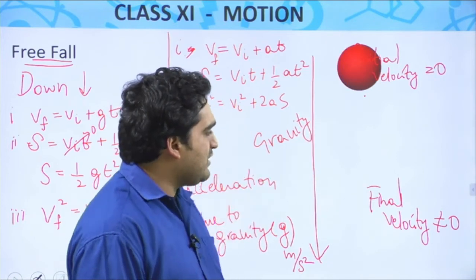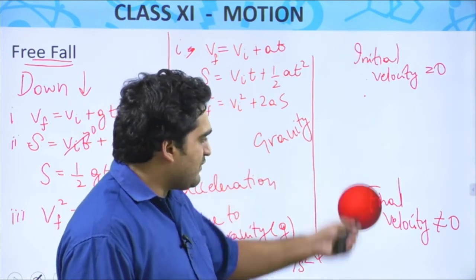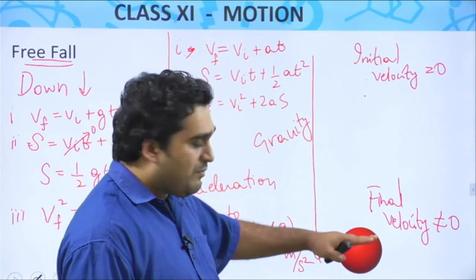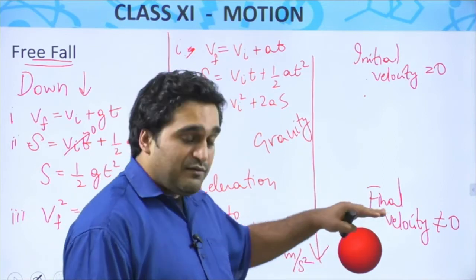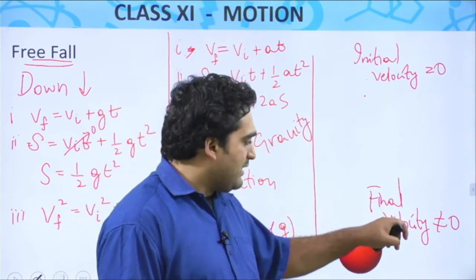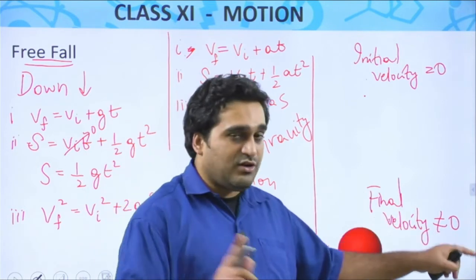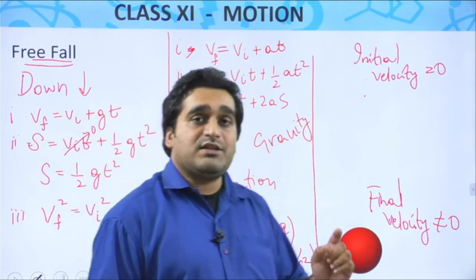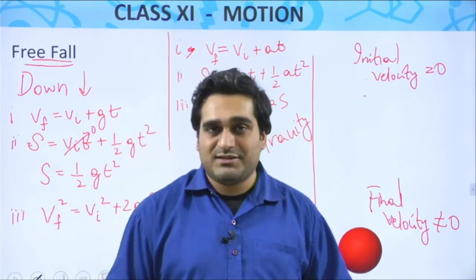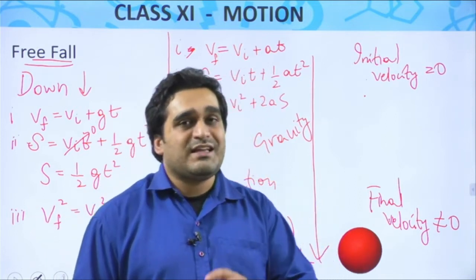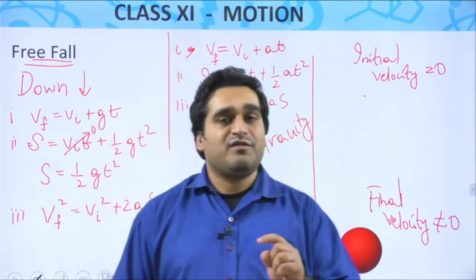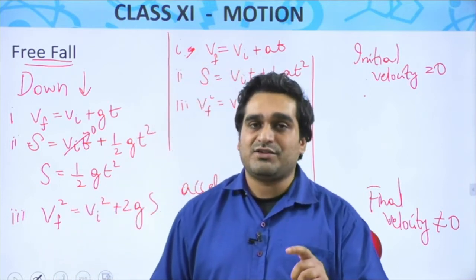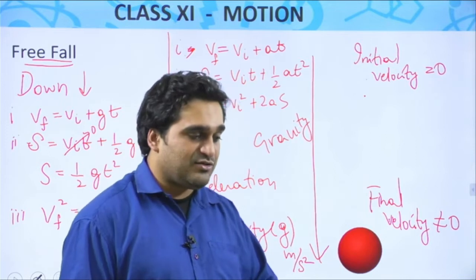Initial velocity is zero, and as the object falls to the ground, I've stopped at a certain interval, but in that interval the final velocity is not equal to zero. So as the object is falling down, its velocity is increasing. Due to its increasing velocity, we can confidently say that there is an acceleration, so it is speeding up.